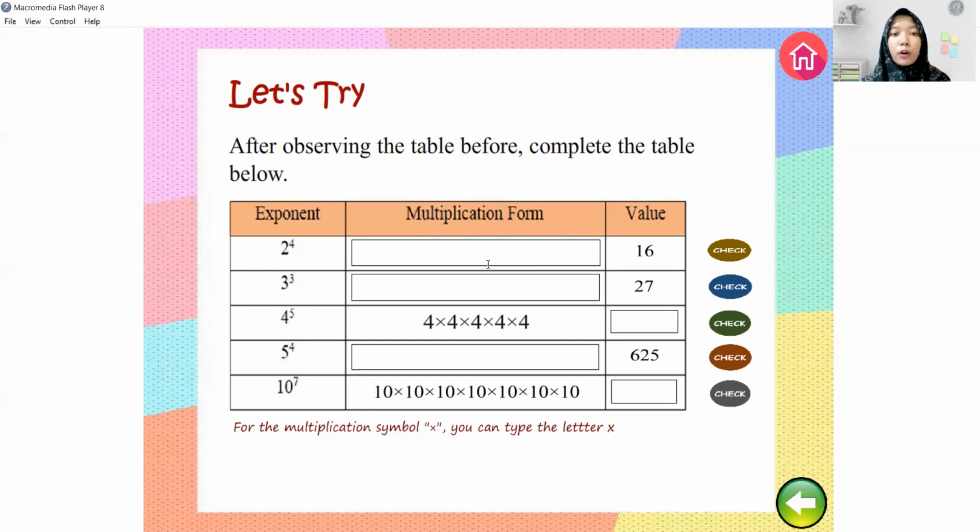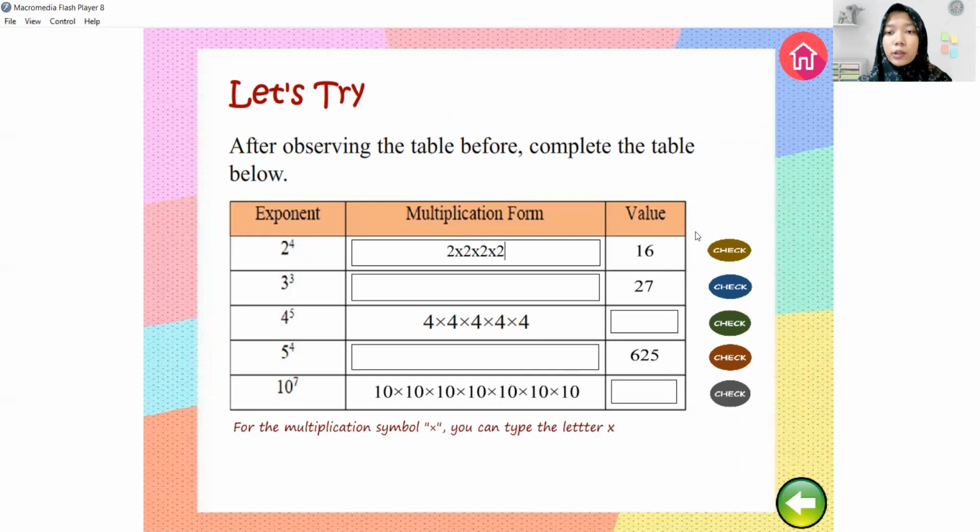Multiplication form of 2 to the power of 4. Students can input the answer and students must know the note for the multiplication symbol or times. You can type the letter X. So students can type 2 times 2 times 2 times 2.